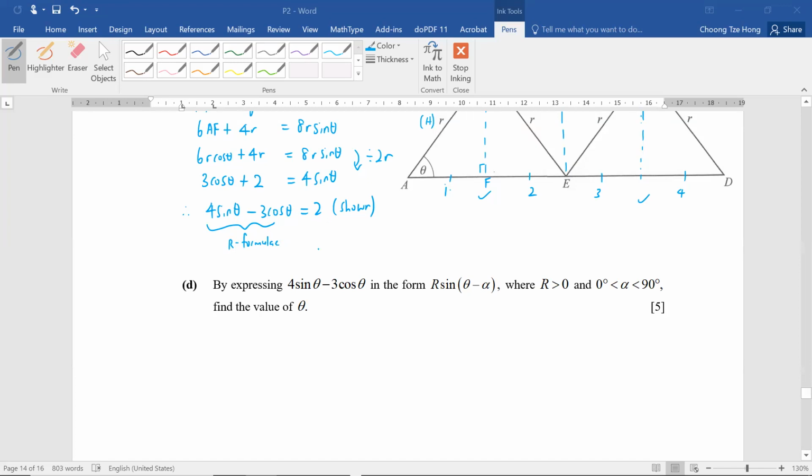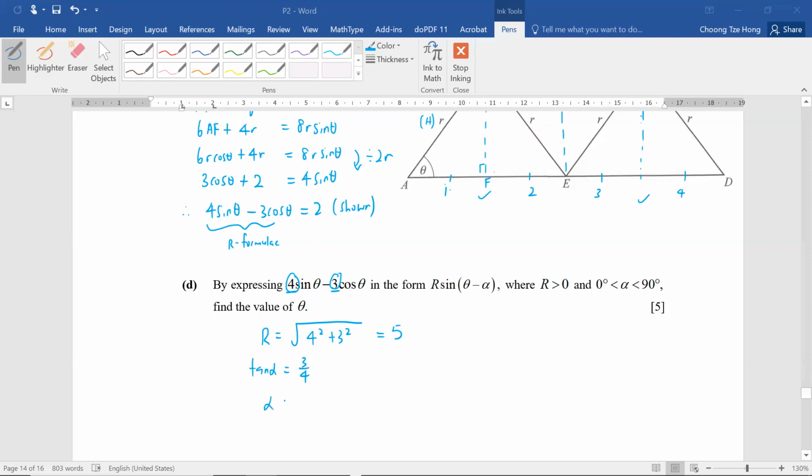The R formula is a rather standard working. So R will be the square root of the sum of these two numbers. So 4 squared plus 3 squared, that should give us 5. Then tangent of alpha will be this number over this number, so 3 over 4.